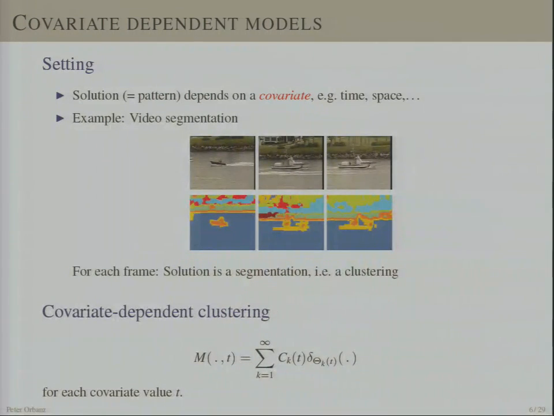Each individual solution here is a segmentation of the individual image. And we saw yesterday that we can do that by means of clustering, right? So each individual solution is a clustering, but we would like these clusterings to be tied together over time and change smoothly, okay?